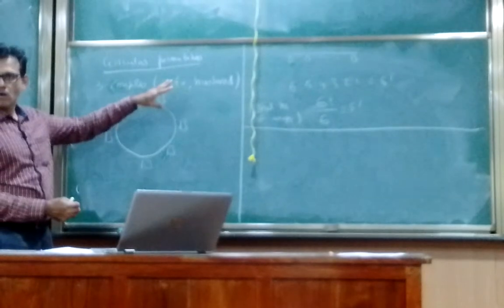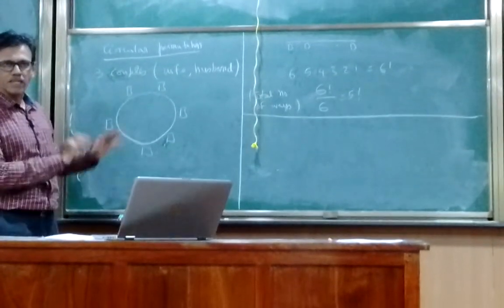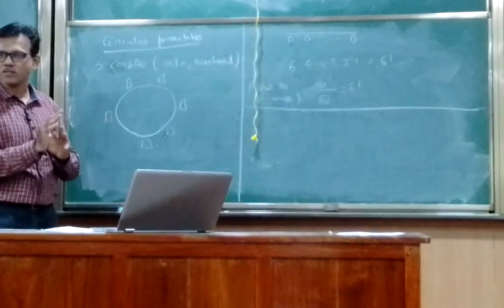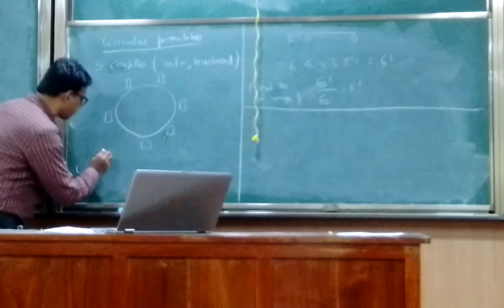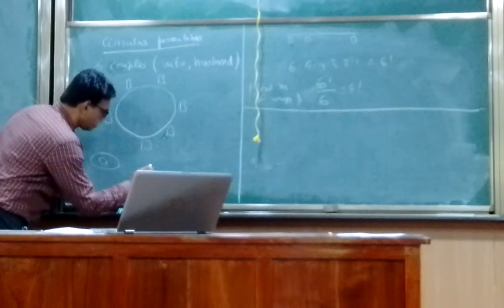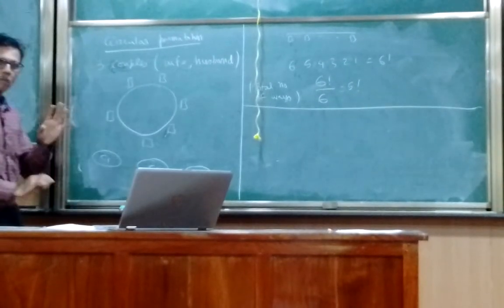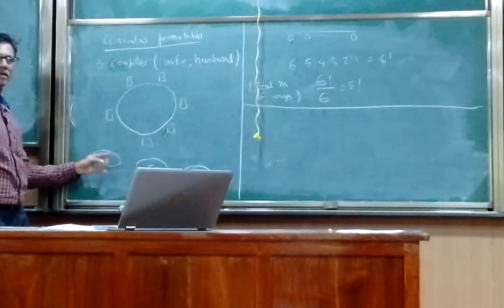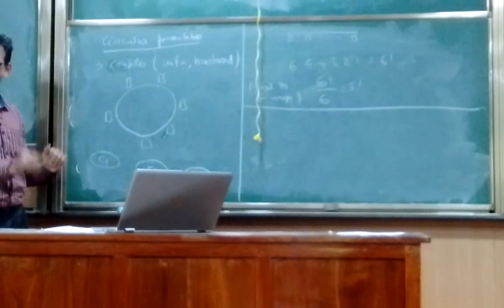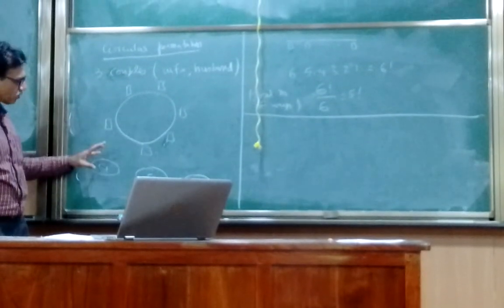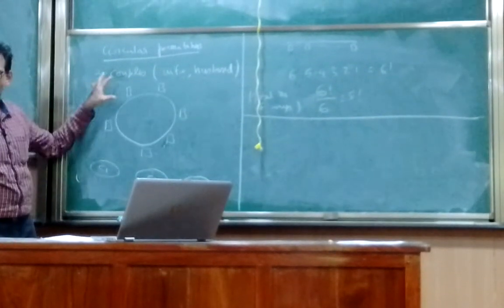So let's look at the ways in which our favorable condition will occur: all couples are seated next to each other. First we will take a couple at a time, C1, C2, C3, without bothering about the order of wife and husband. First, let us assume that couples are placed in this way.